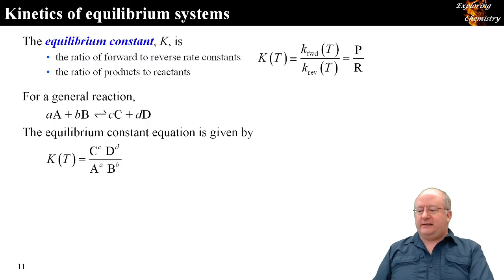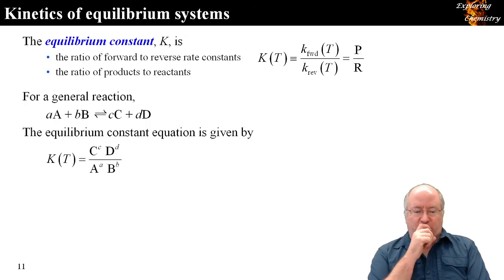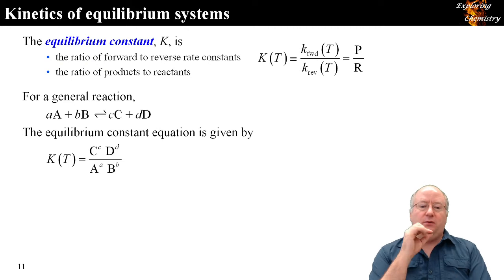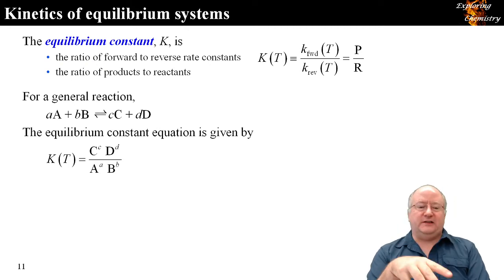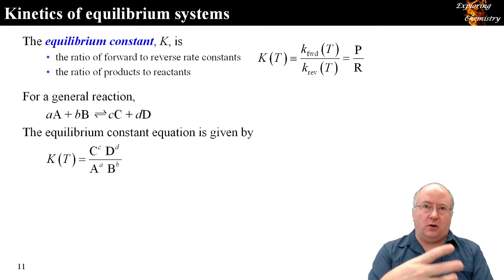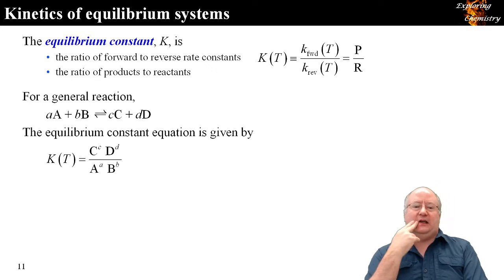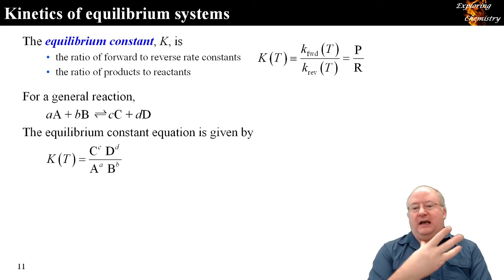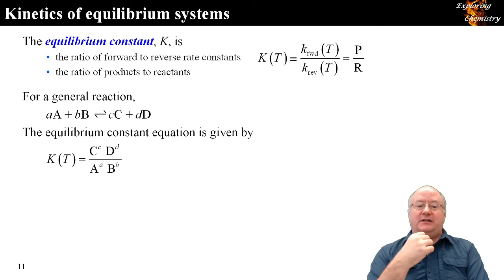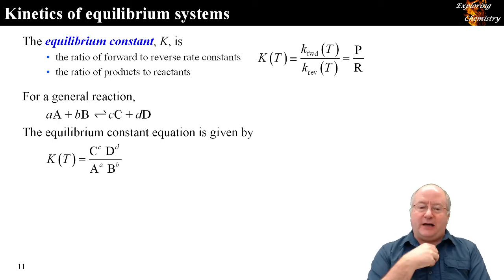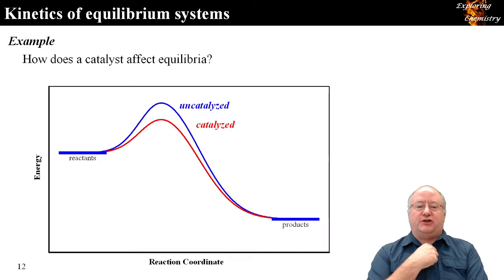Going back to this, the one thing I didn't do is I didn't tell you the units of C and D. I didn't put brackets around C and D. The other way that you can report the amount of a substance is by pressure. I didn't tell you that these were gases and I was reporting the pressure.